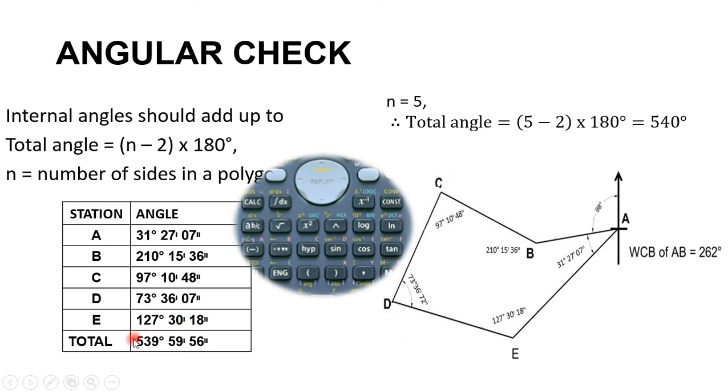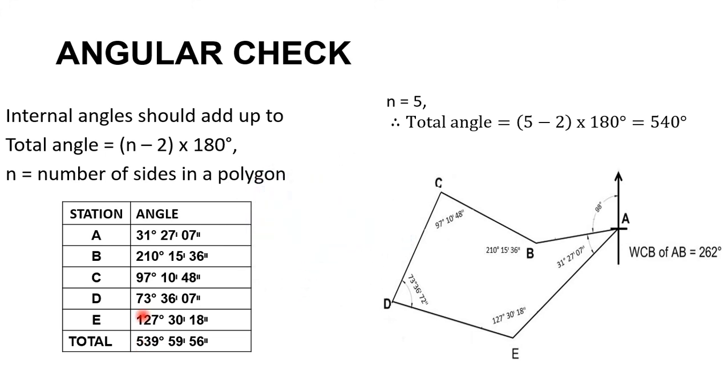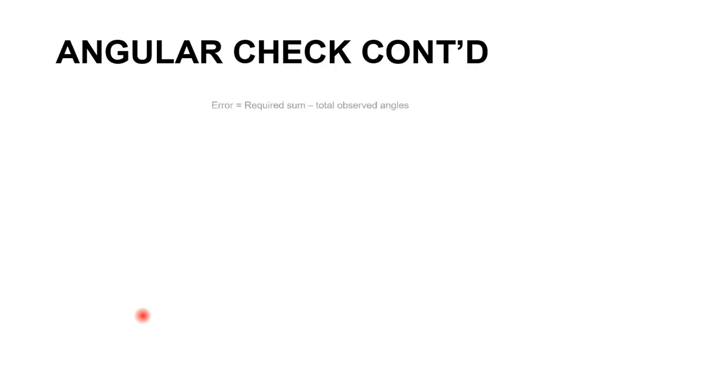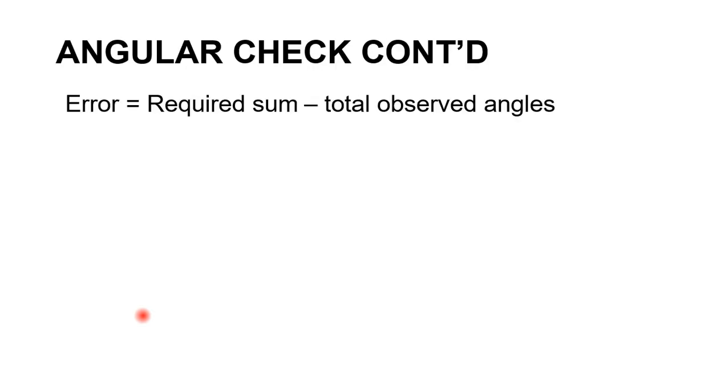So the total sum is going to be 539 degrees 59 minutes and 56 seconds. So you can see that we are short of some seconds for us to have 540 degrees. So this gives us the error, which is the required sum minus the total observed angles.